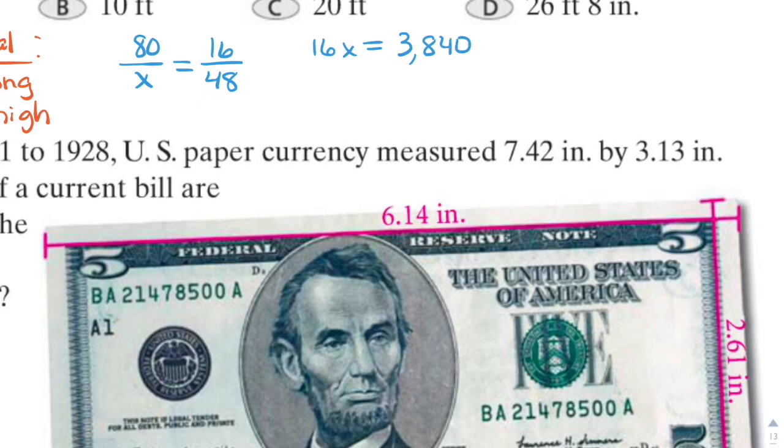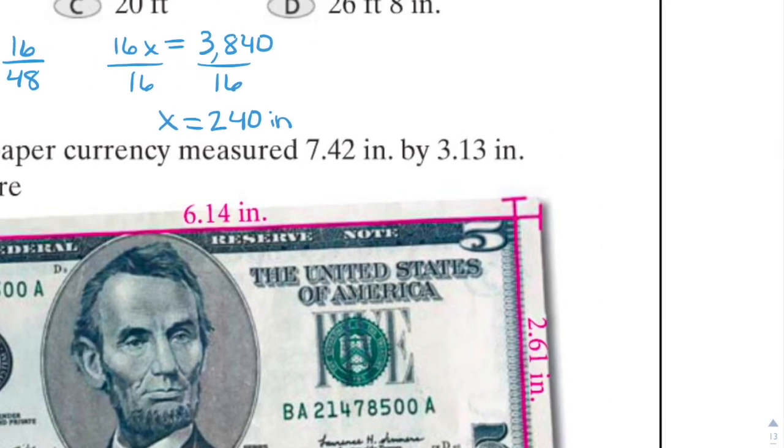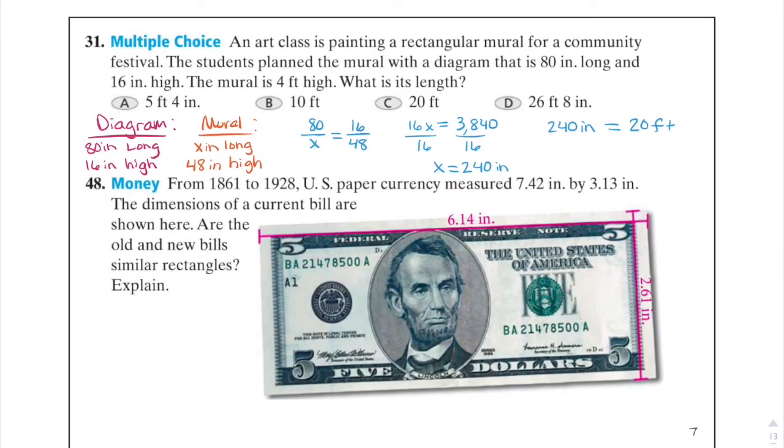Divide both by 16. So x equals 240 inches. So 240 inches, divided by 12, is 20 feet. So the answer here is 20 feet.